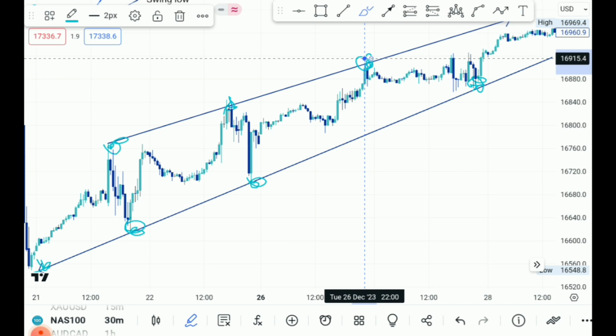The second reason why we draw a trend line is because a break of a trend line can signal a possible trend change or reversal. So in a downtrend, we have a trend line placed above the trend.